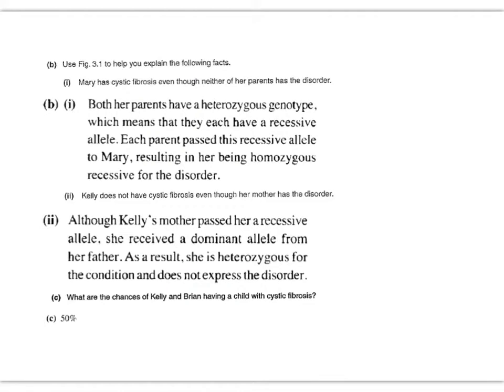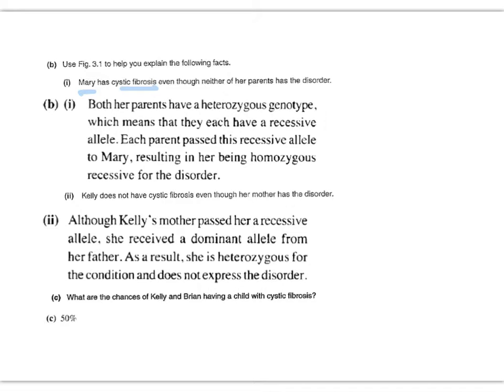Okay, let's see what the first question asks. First question is asking why Mary has cystic fibrosis, even though neither her parents has the disorder. So go back to the genetic diagram. Okay, you realize that Jess and David, they both don't have the disease, but Mary happens to have the disease.